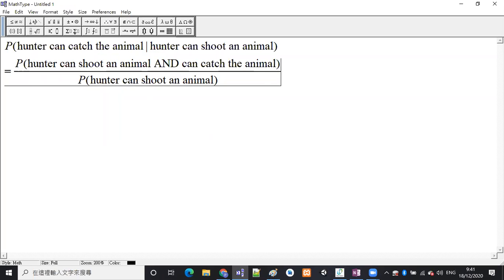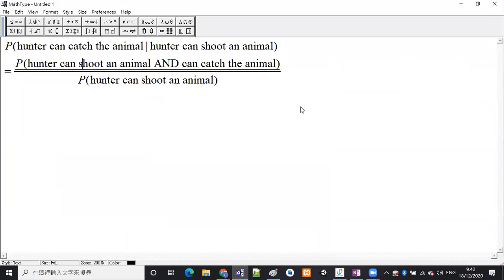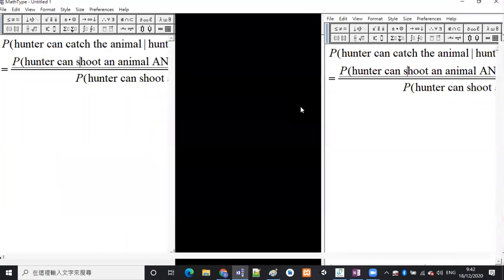Can you see that the denominator is actually equal to 0.3, and the numerator is just equal to 0.111. That is our preparation.